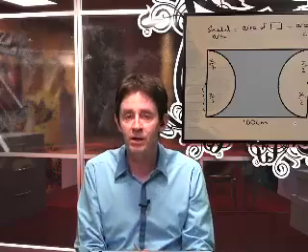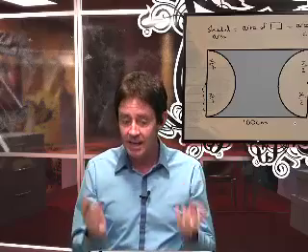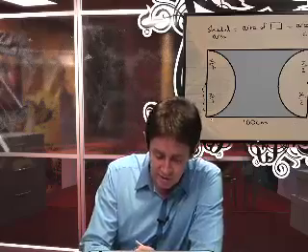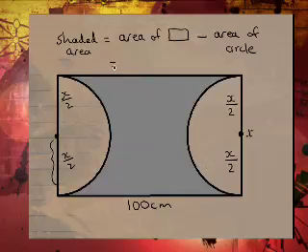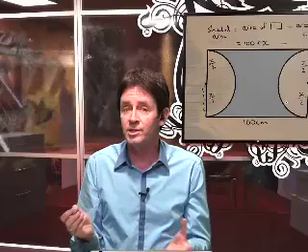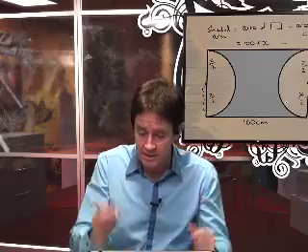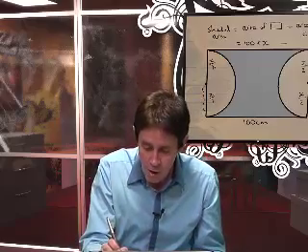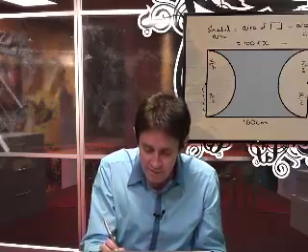What is the area of a rectangle? Length times breadth. So the area of this is going to be length times the breadth, 100x. Okay, now the area of the circle, which is made up of the two semicircles, what's the area formula? Pi r squared is the area of a full circle.